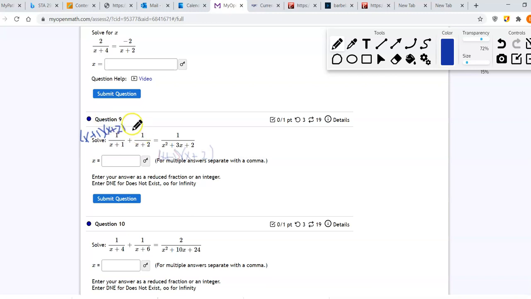I'm going to multiply this second fraction by x plus 1, x plus 2. And I'm going to multiply this fraction here on the right by x plus 1 and x plus 2.